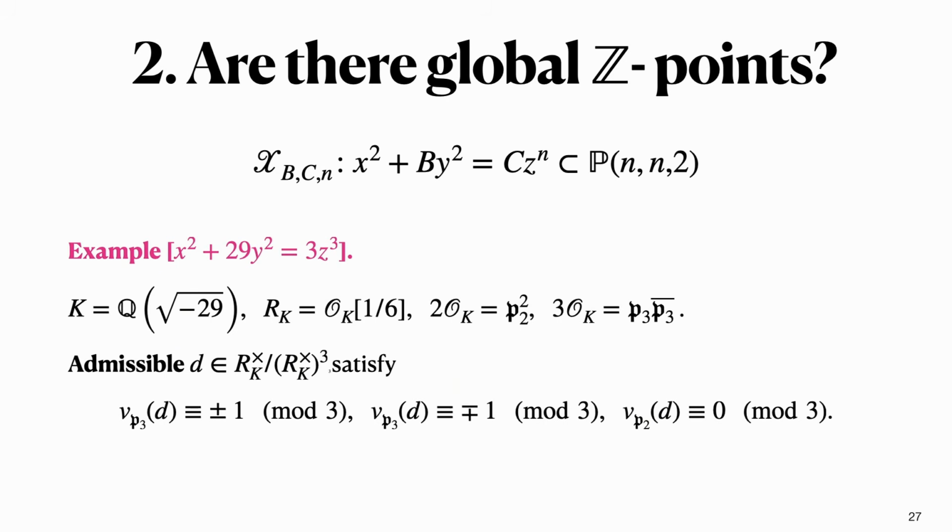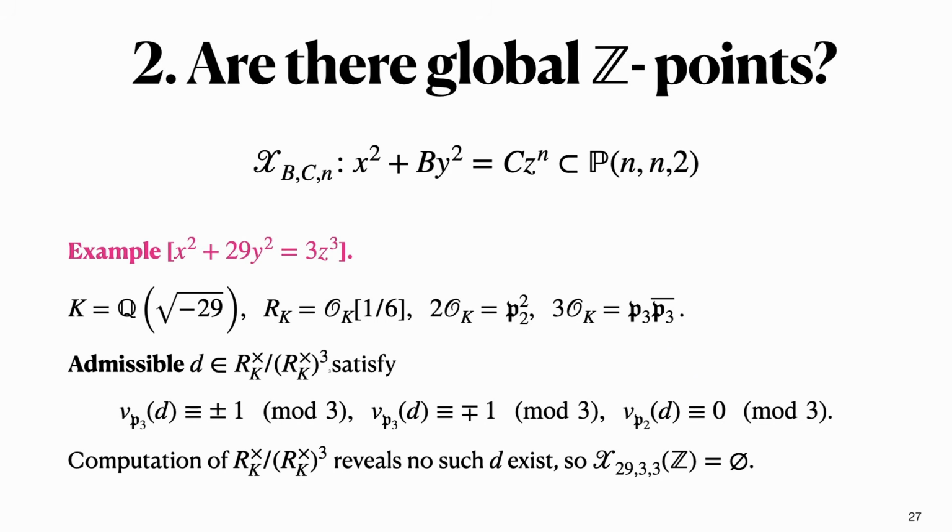So the valuations of these D's need to be plus or minus 1 mod 3, or this should be the conjugate of P3. So we have specific conditions on what the valuations of these numbers should be.